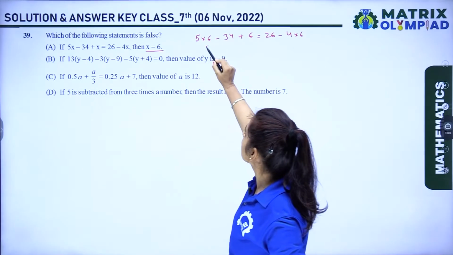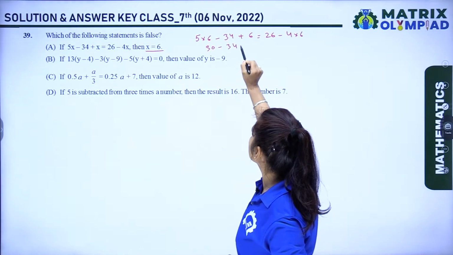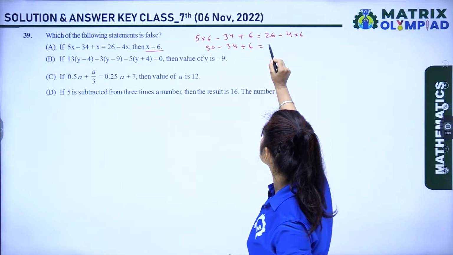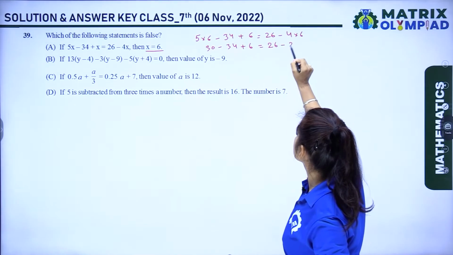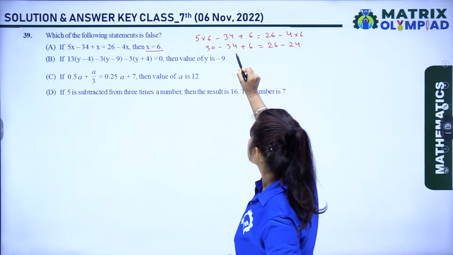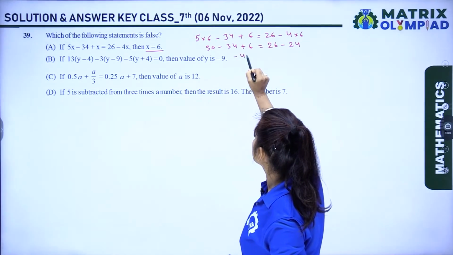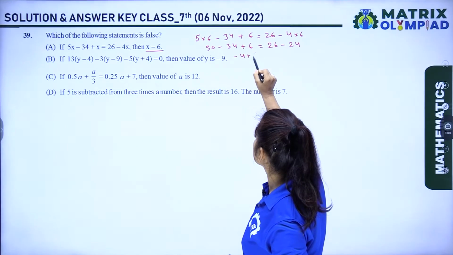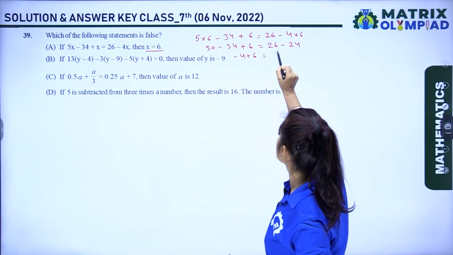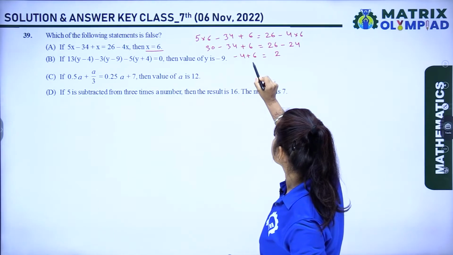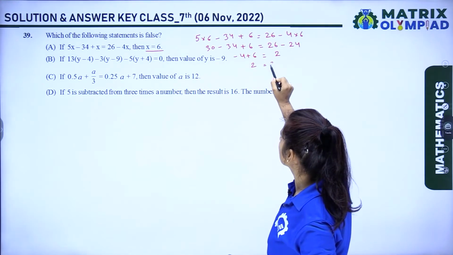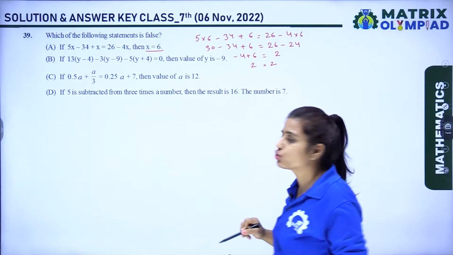So here we get 30 minus 34 plus 6 equal to 26 minus 24. So here minus 4 plus 6 equal to 2. Here we get 2 equal to 2. So this statement is true.